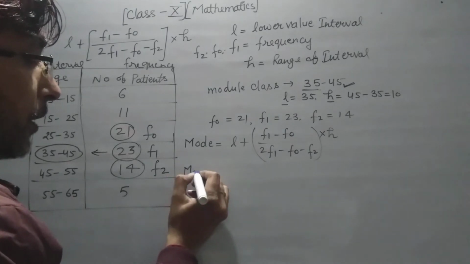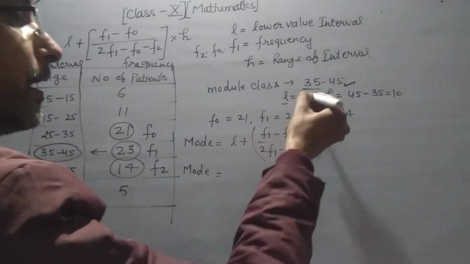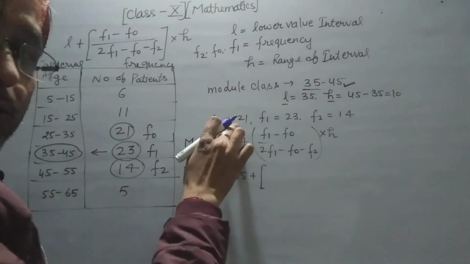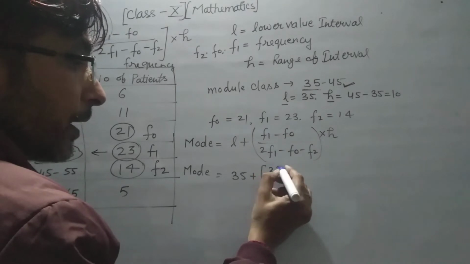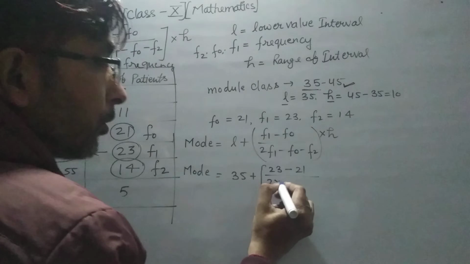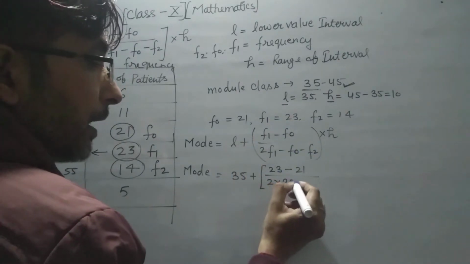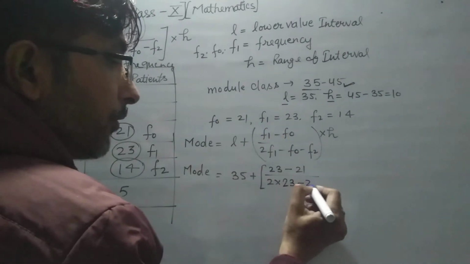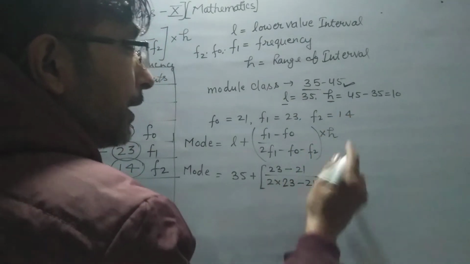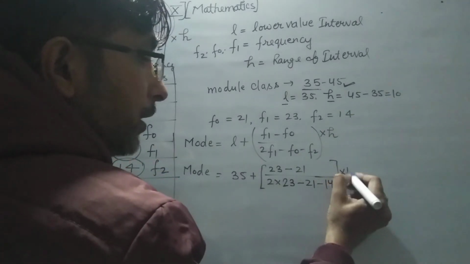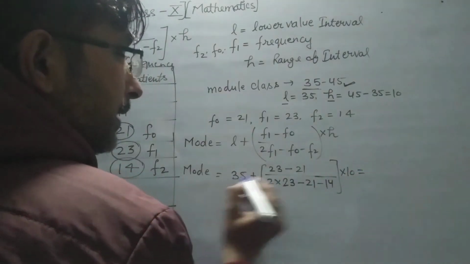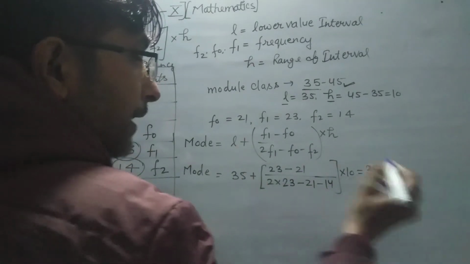So mode is equal to L, which is 35, plus F1 is 23, so 23 minus F0 is 21, upon 2 into F1 is 23, minus F0 is 21 and F2 is 14, into H, which is 10. Do you understand?